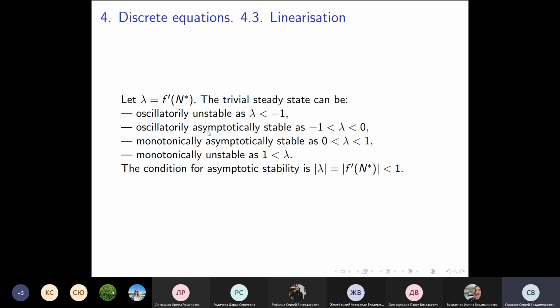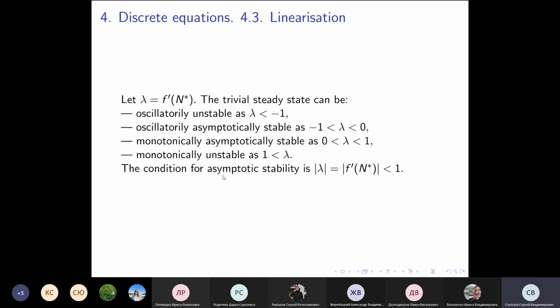Oscillatory asymptotically stable as lambda is greater than -1 but less than 0. Monotonically asymptotically stable as, in contrast, lambda is greater than 0 but less than 1. And monotonically unstable as lambda is greater than 1.